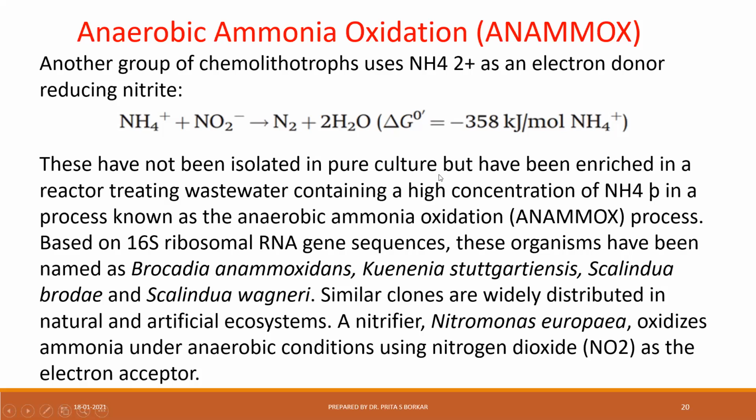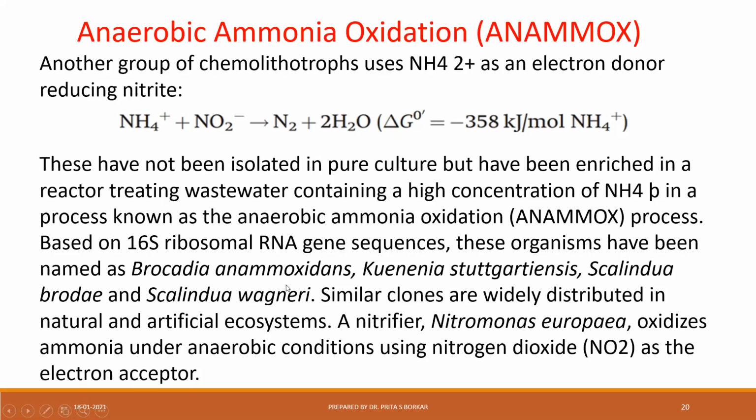So based on 16S ribosomal RNA gene sequencing, the microorganisms which have the ability to undergo this type of reaction belong to the genera Brocadia, Anammoxidans, then Kuenenia stuttgartiensis, Scalindua brodae, Scalindua wagneri.